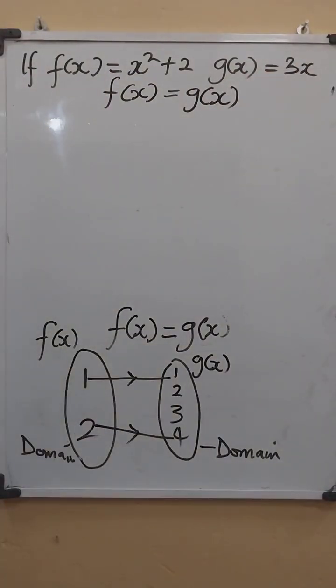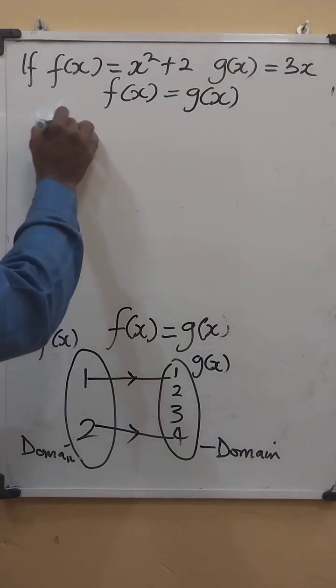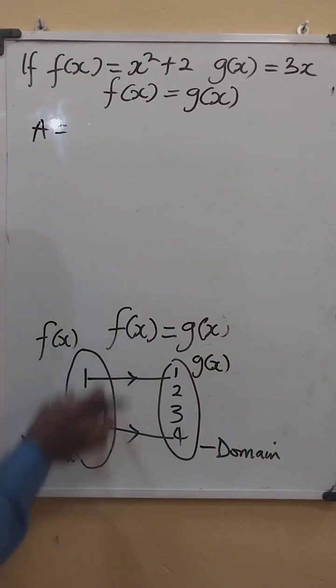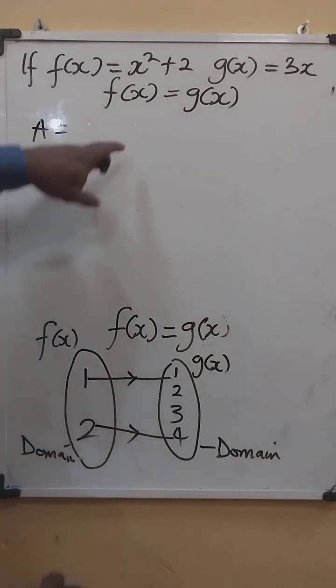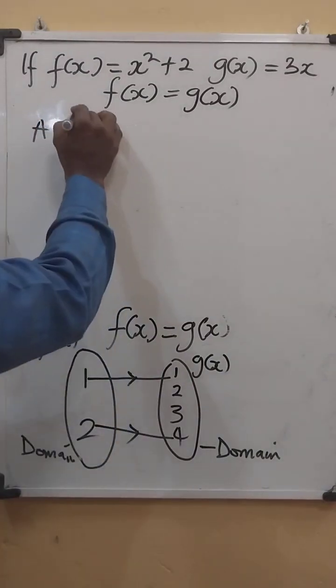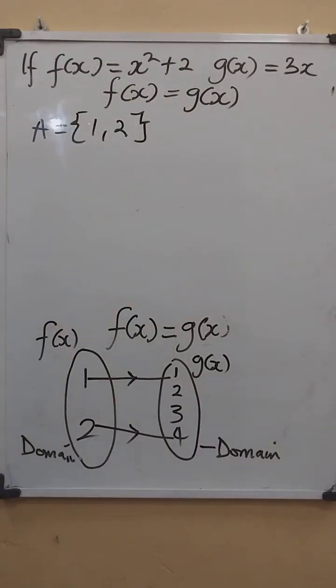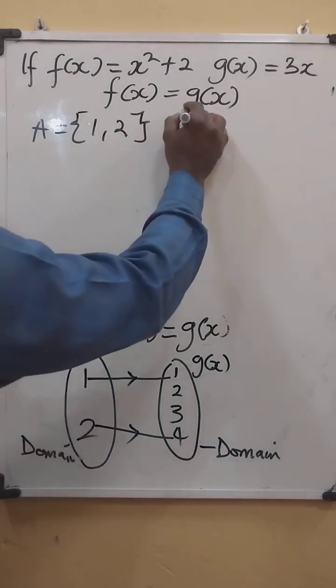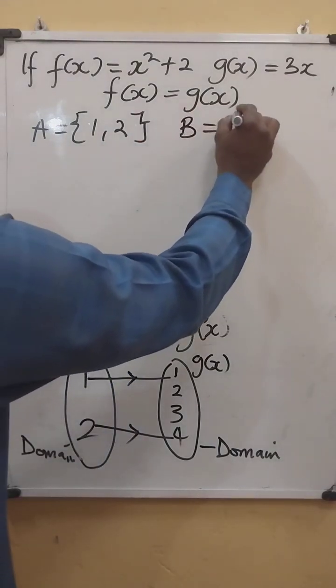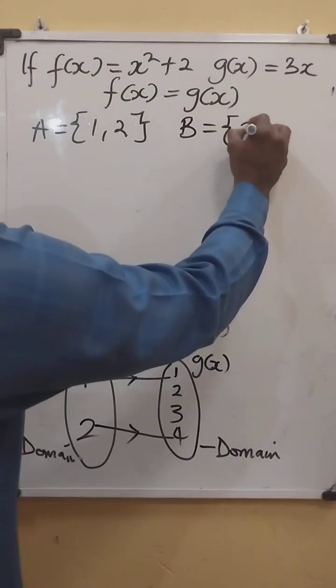How do we prove this? Now that's the question in our mind now. So if we have set A, according to what we have here, set A representing this domain, to have the elements 1 and 2, and set B to have the elements, for example, 3 and 6.